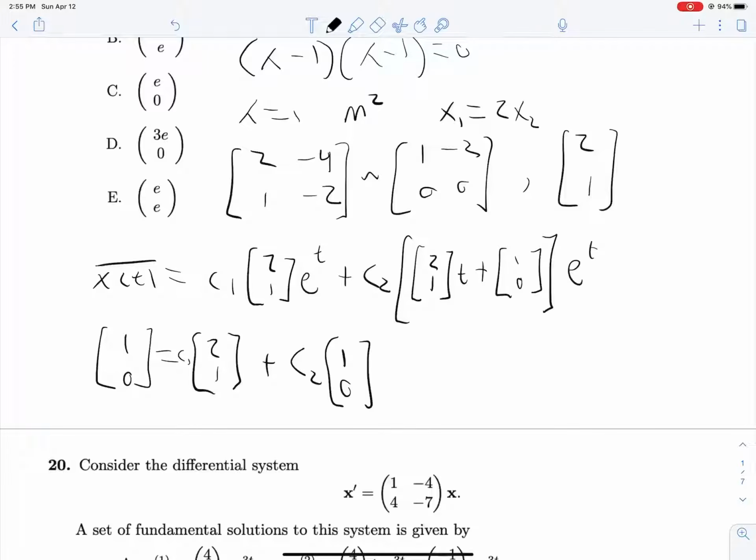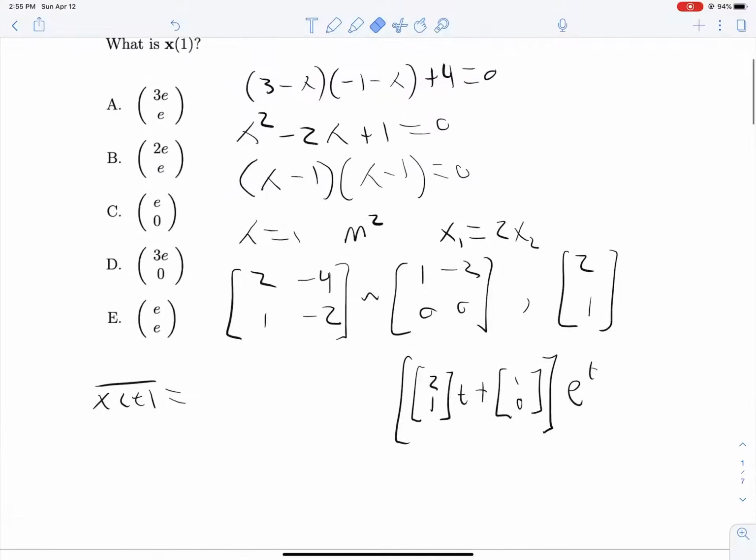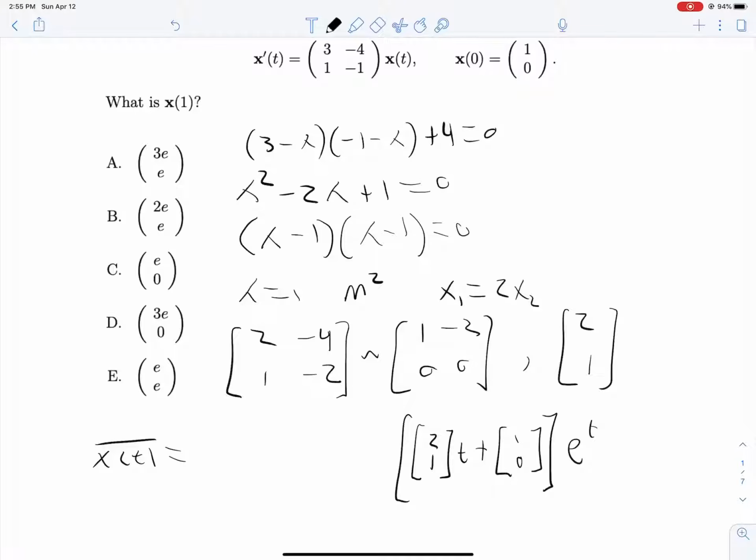So we can set this up again as an augmented matrix: 2, 1, 1, 1, 0, 0. Solving this, we see that c1 is equal to 0 and c2 is equal to 1. So this entire term is just gone.